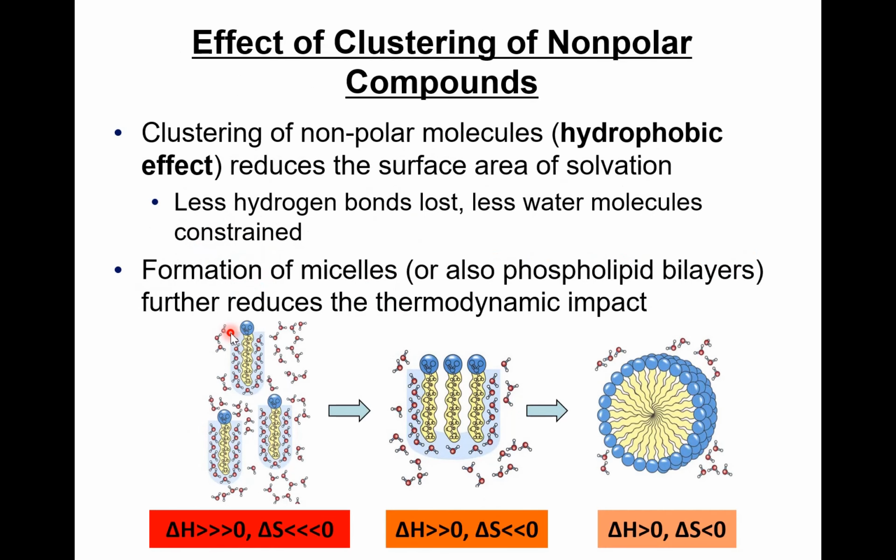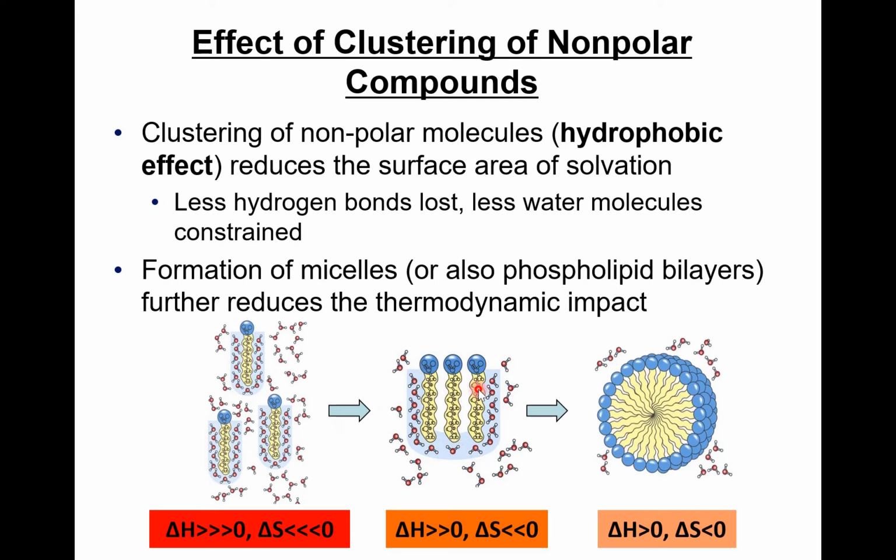Why does this take place? It's ultimately because the total surface, the amount of water that is constrained around the nonpolar compounds, is proportional to the total surface of these nonpolar compounds, right? And this total surface is less when these nonpolar compounds cluster together.